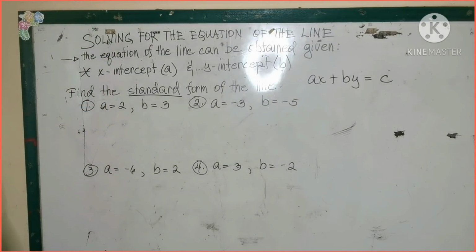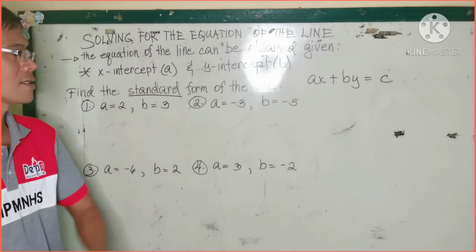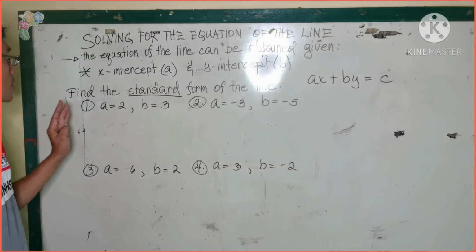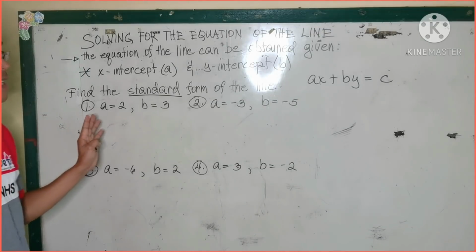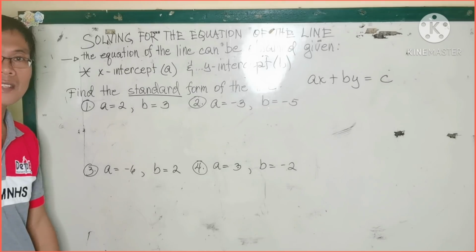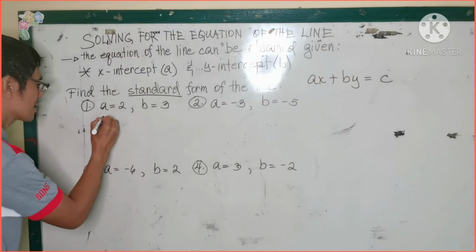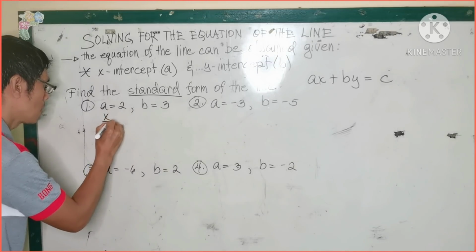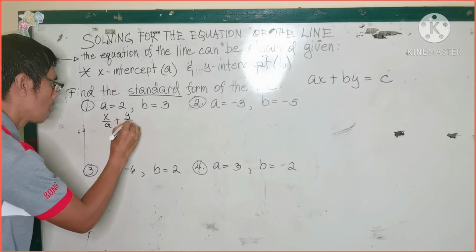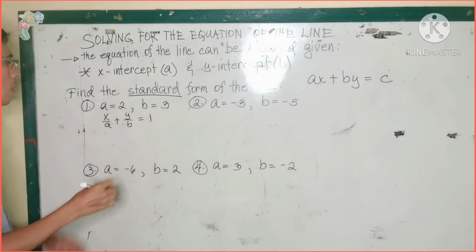So that is the standard form. So we are going to write our answer on that particular form. So since the given are the intercepts, we can make use of the intercept form of your line. And that is x over a plus y over b equals 1.